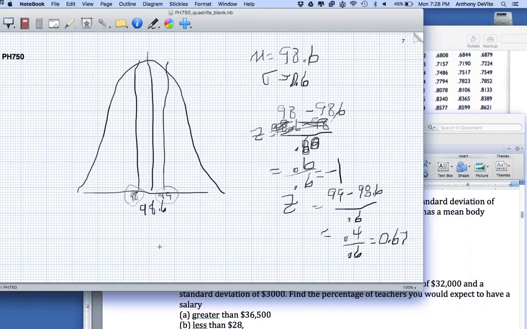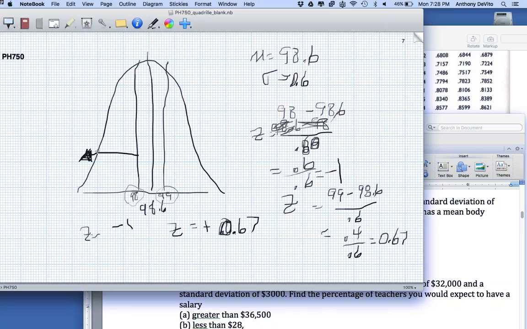So my z-score on this side is -1, and my z-score on this side is equal to plus 0.67. Now let's figure out how I'm going to do this. The particular table I'm using only gives me areas to the right of the z-score.